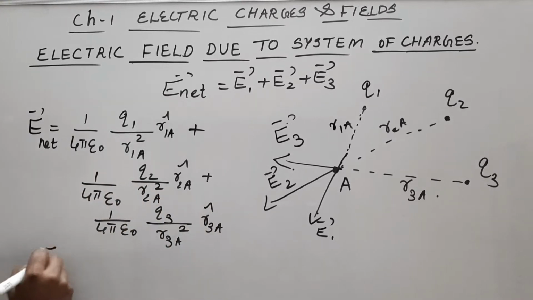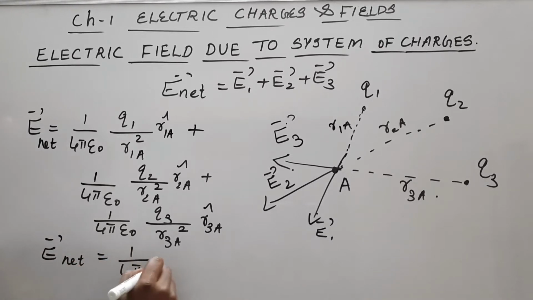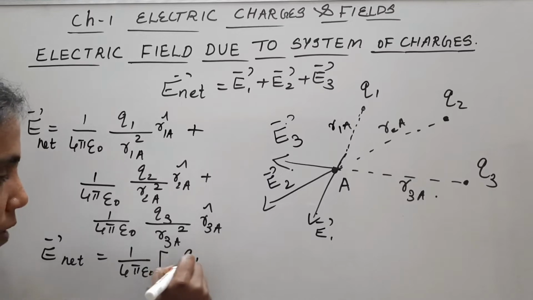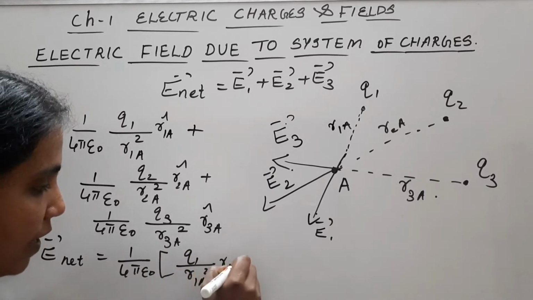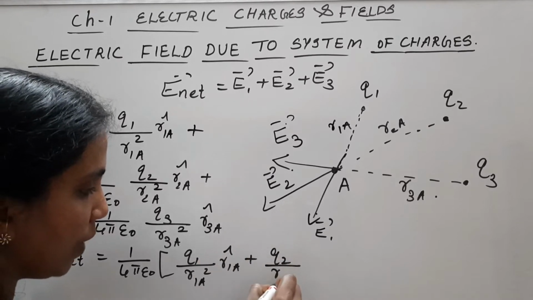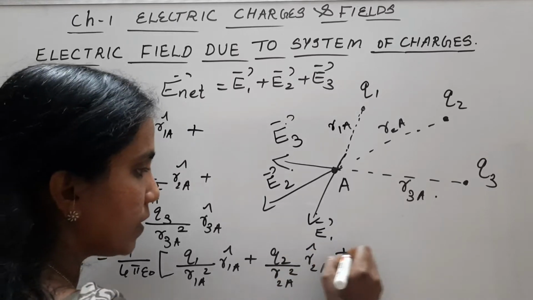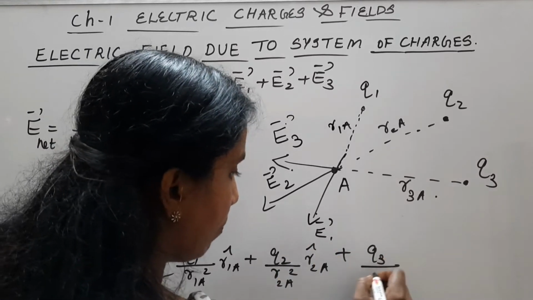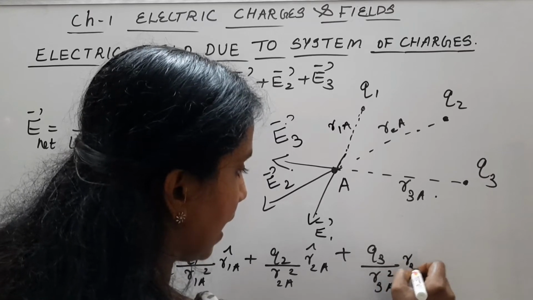So the final expression we can simplify and write: E net is equal to 1 by 4 pi epsilon 0 into Q1 by R1A square into R1A cap plus Q2 by R2A square into R2A cap plus Q3 divided by R3A square into R3A cap.